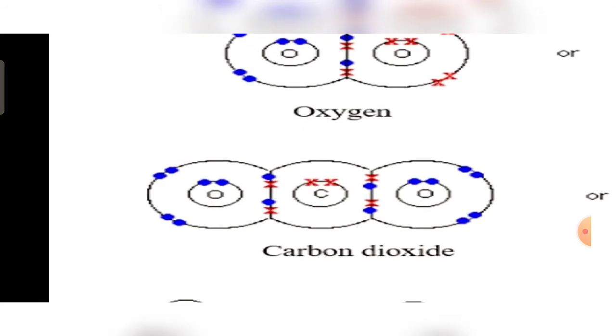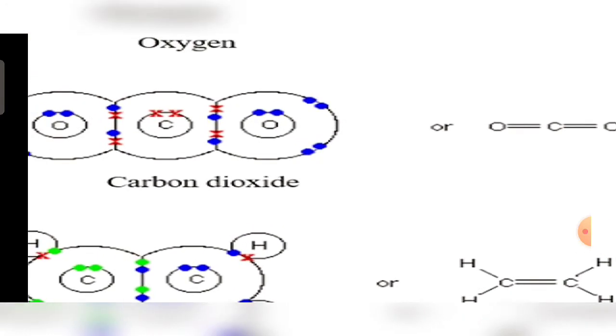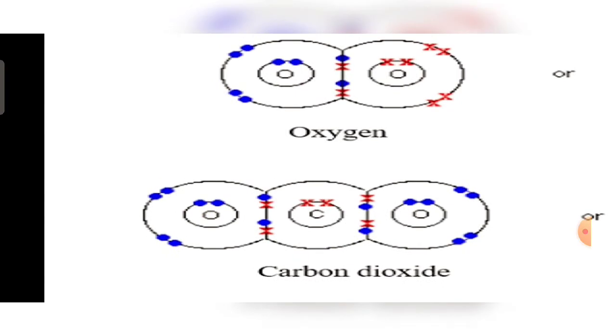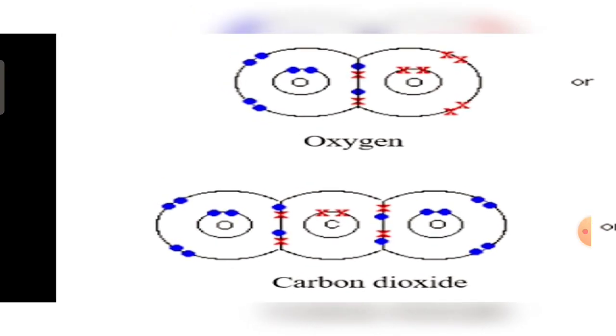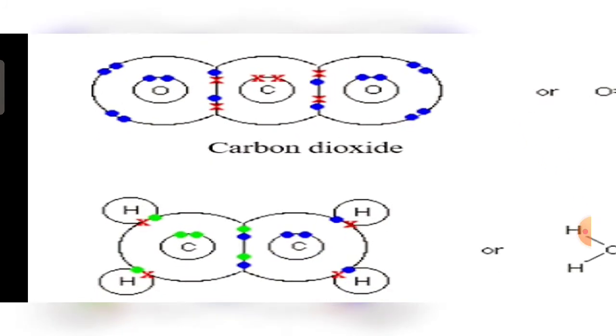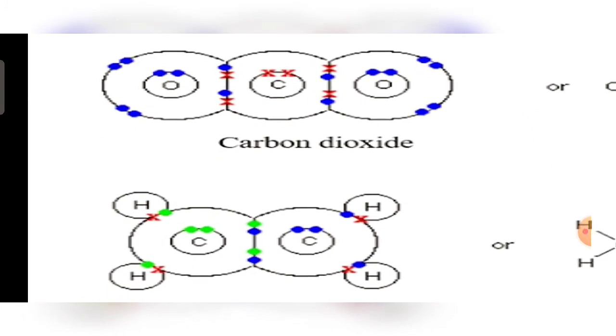So when their outer shells combine with each other, mutually they are sharing two electrons. That's why the two bond pairs will form. Similarly with the carbon dioxide molecule, which you have also learned in class 7.